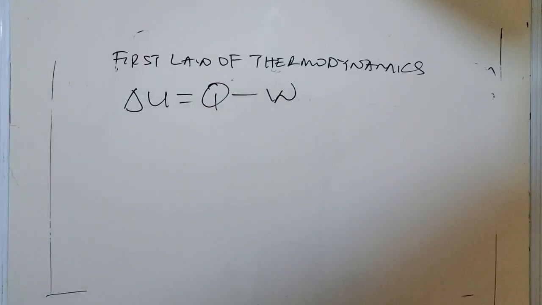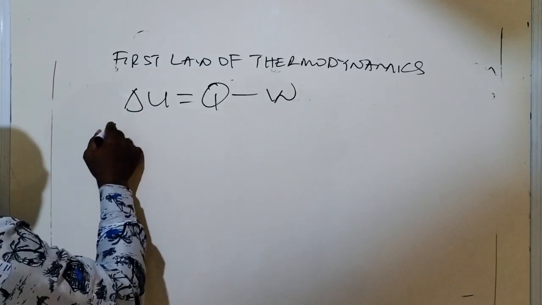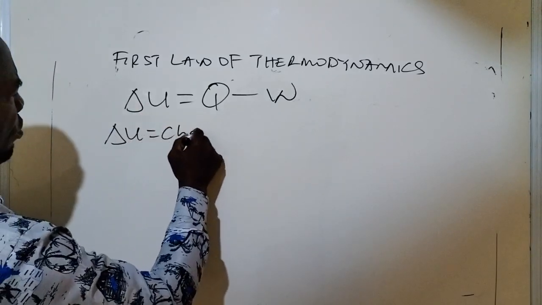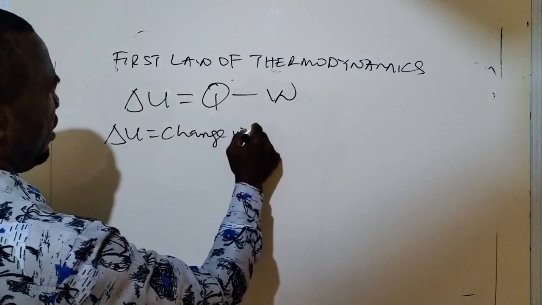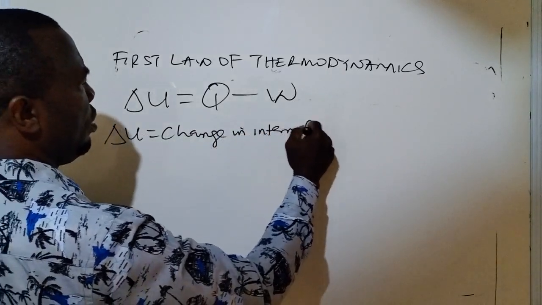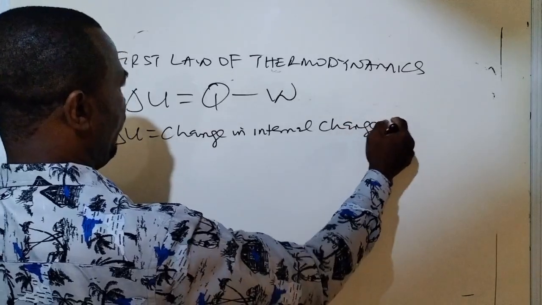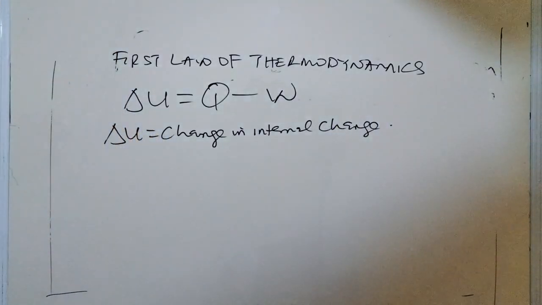Delta U is the change in internal energy. At the early part of this video, I defined internal energy as the total energy of molecules or atoms in the chemical system, including the kinetic and potential energy of particles in the system.